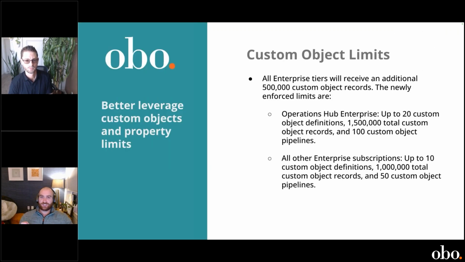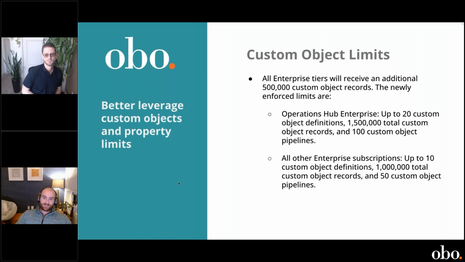So initially, custom objects, they are an enterprise feature. You would get 500,000 custom object records and 10 custom object definitions. So you could have 10 additional objects that you create and then 500,000 records within those object definitions.